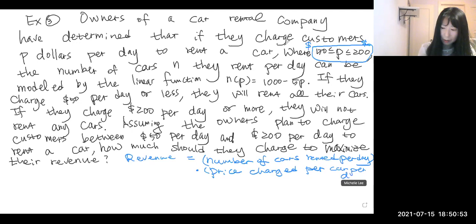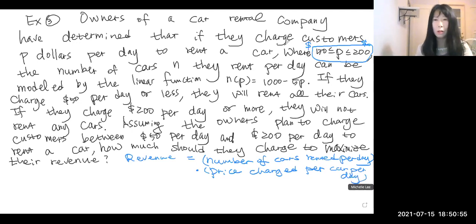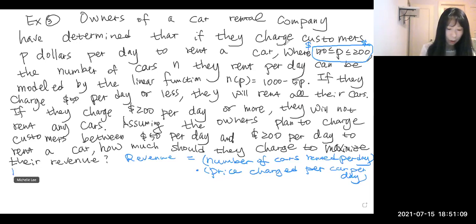Makes sense, right? Logic. And they can make money, right? So in short, we say R equals N times P.